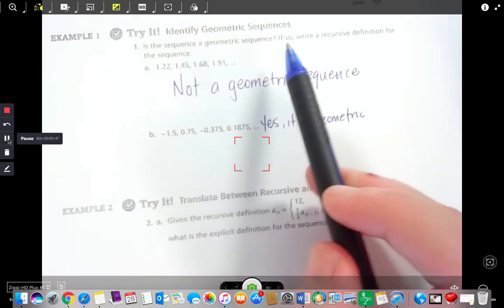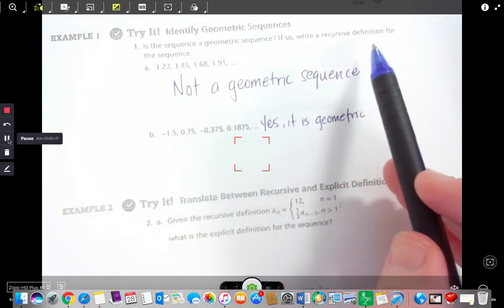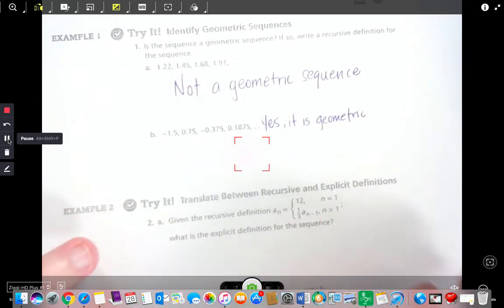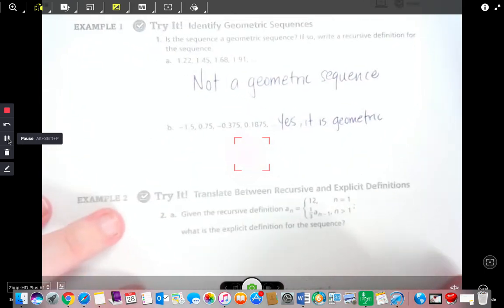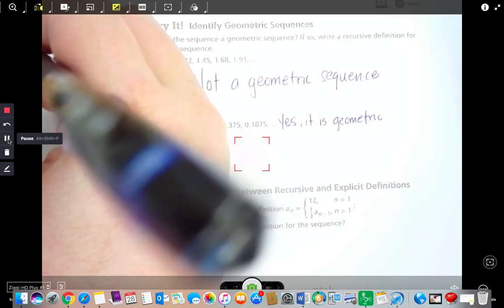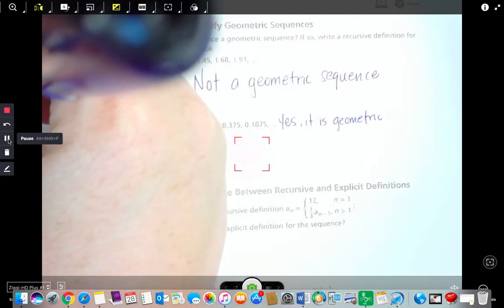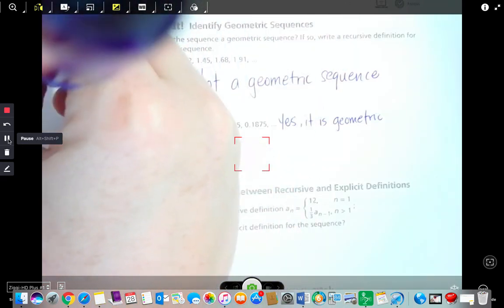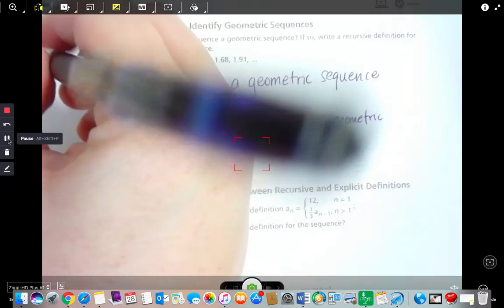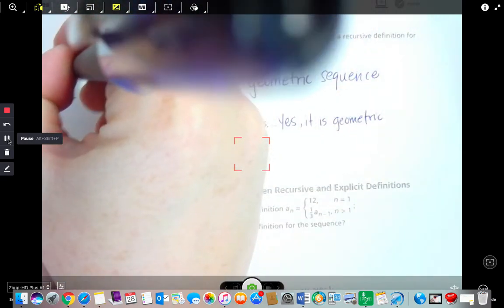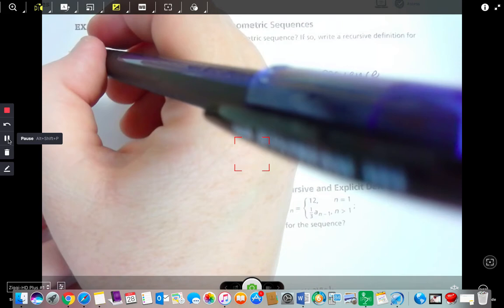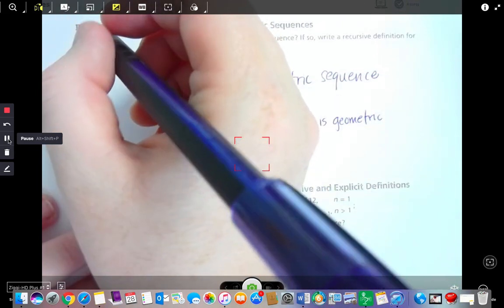And they said if it is a geometric sequence, write a recursive definition for the sequence. So in your textbook, they give us the general recursive definition, and that's A sub n is equal to A1, you know that's your first term, right?